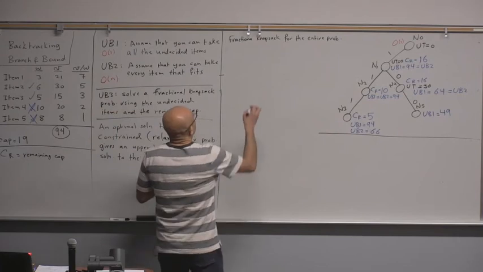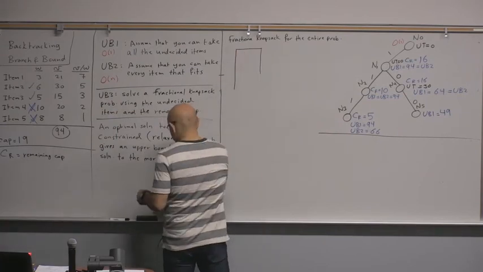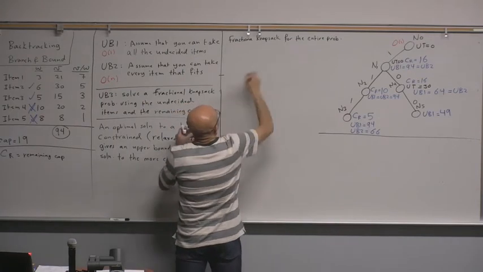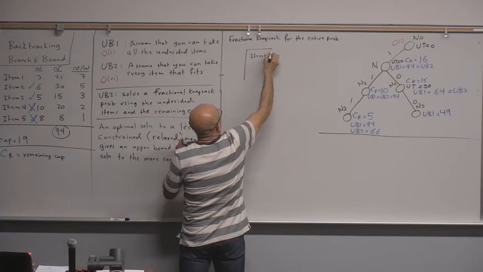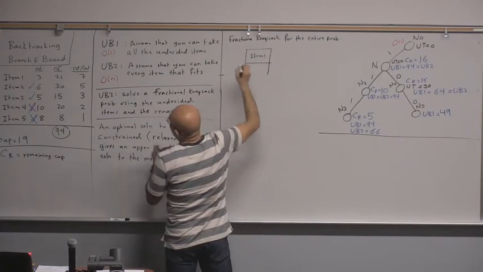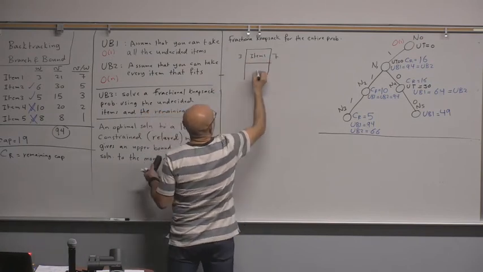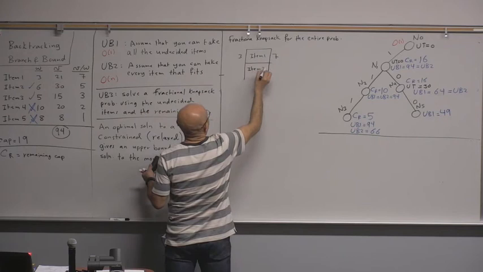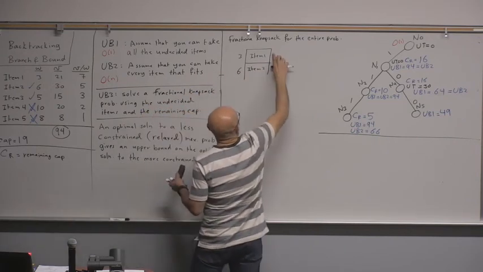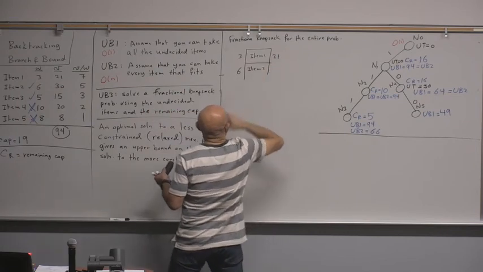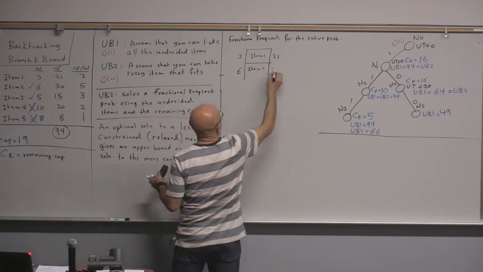So in this case, for the fractional knapsack, we will take item 1, with weight 3 and value 7. Then we'll take item 2 with weight 6. No, not 7, 21. Sorry. I put the wrong number. Item 2 with weight 6 and value 30.